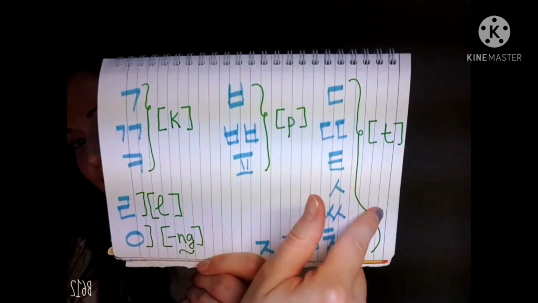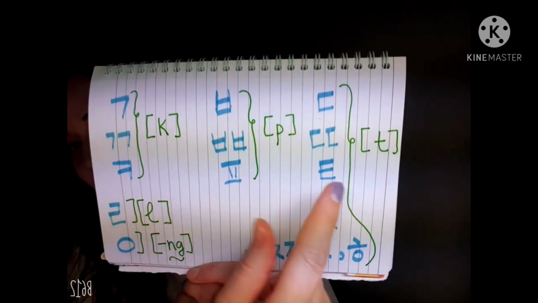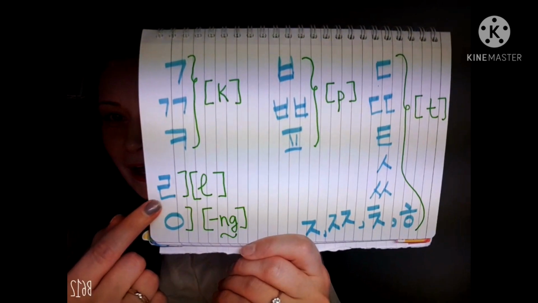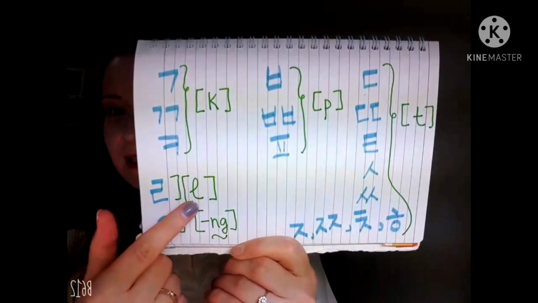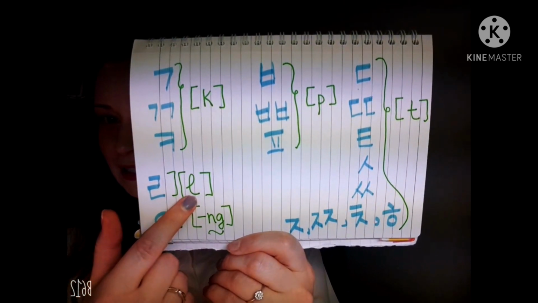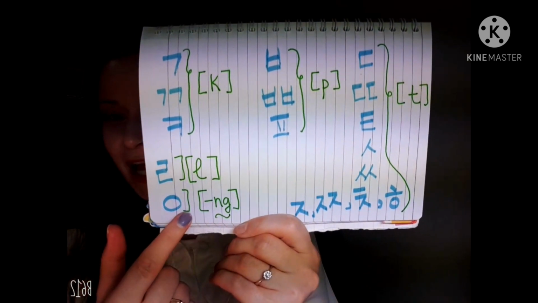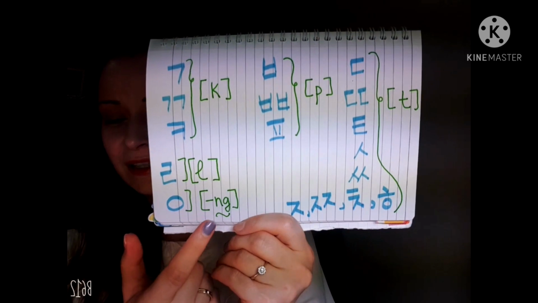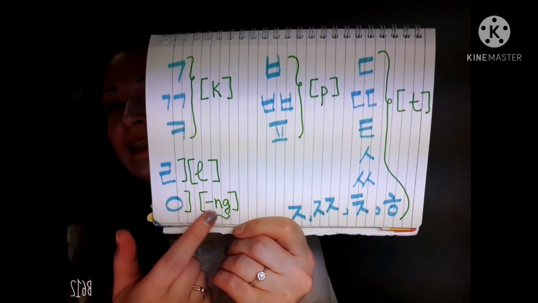And all of these here are read as du, du. Also, we have real, which is read as le, le. And this one, which has the French ng. It sounds like ng, but it's not exactly ng.